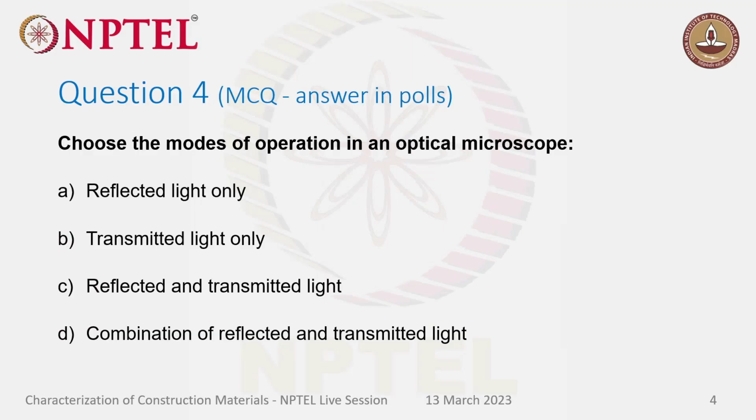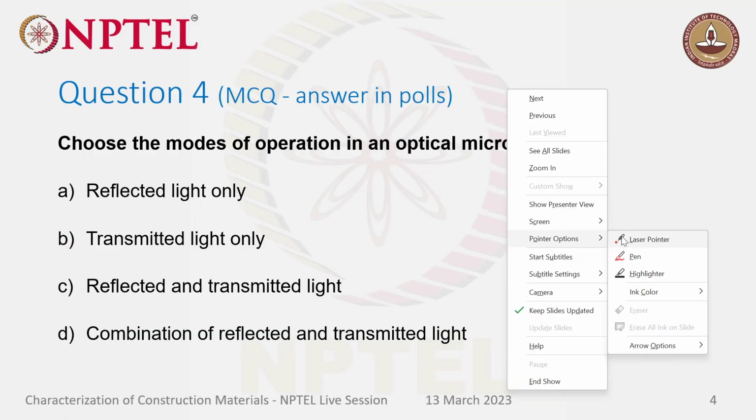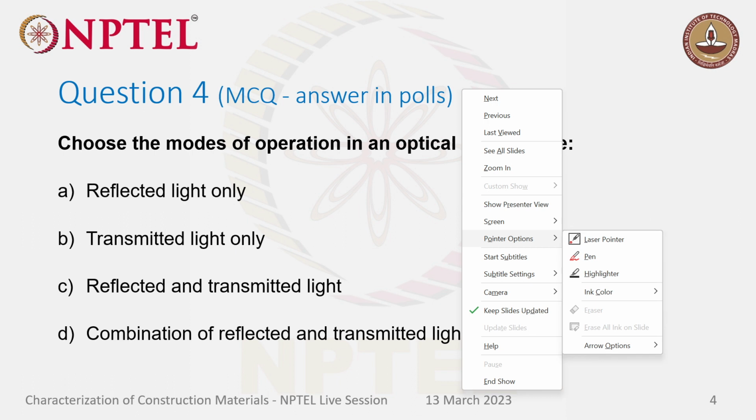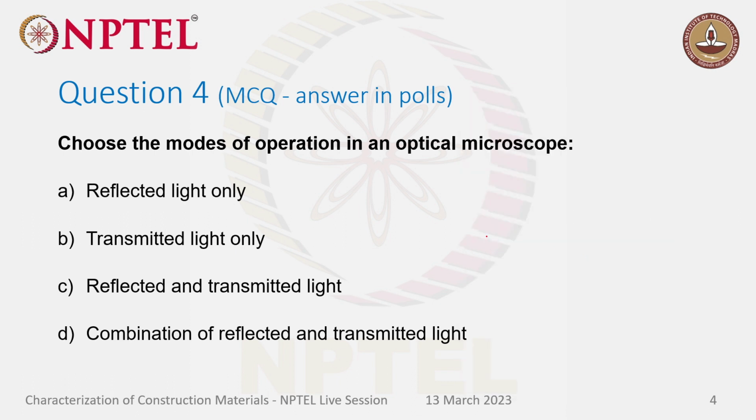So here in this case, I have not put any snaps from the lecture PPT. So see, when it comes to optical microscopy, we have two modes. One is reflected light mode and then transmitted light mode. In reflected mode, to simply say, I'm not drawing the exact path of light here.